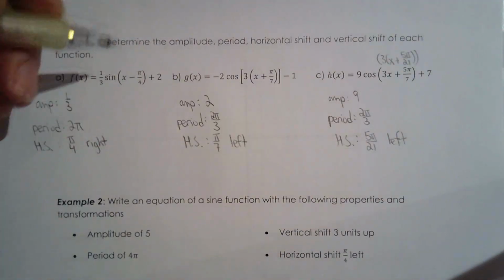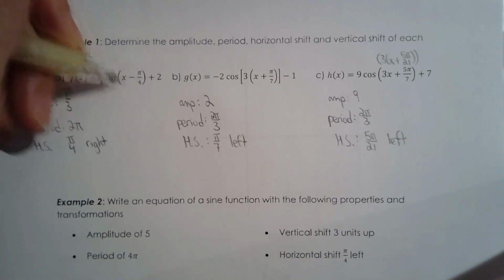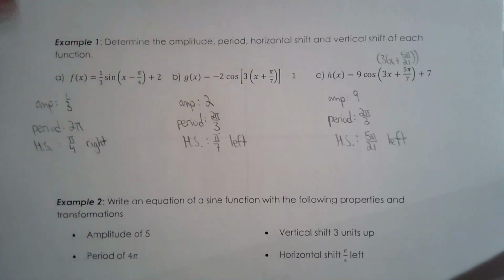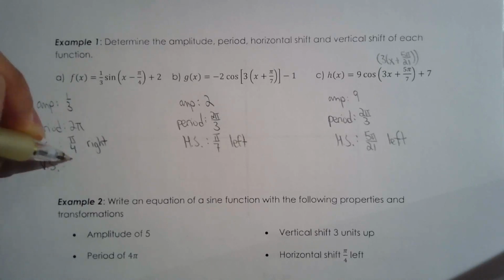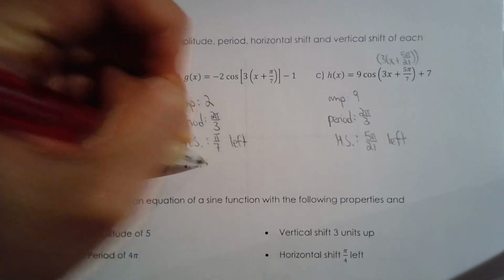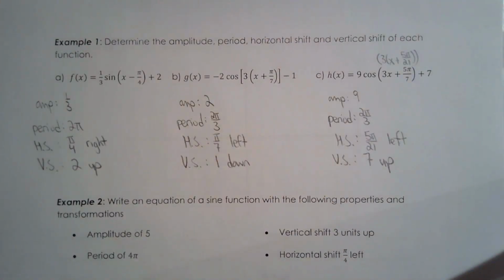Okay, so these are the exact same things you learned about transformations in grade 11. I won't go over the big explanation of why this is right and why this is left. Vertical shift. This is 2 units up. This is 1 unit down. And this is 7 units up. Alright, so far so good.